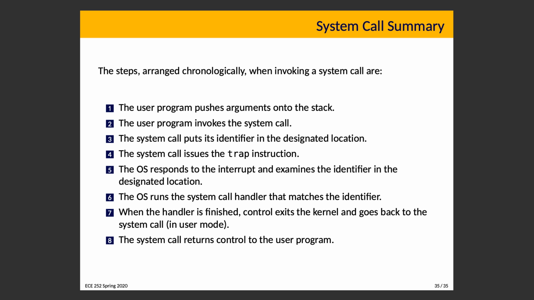The operating system responds to the interrupt and examines the identifier in the designated location. The operating system runs the system call handler that corresponds to that identifier. And when the handler is finished, control exits the kernel and goes back to the system call. We return to user mode, and then the system call returns control to the user program.